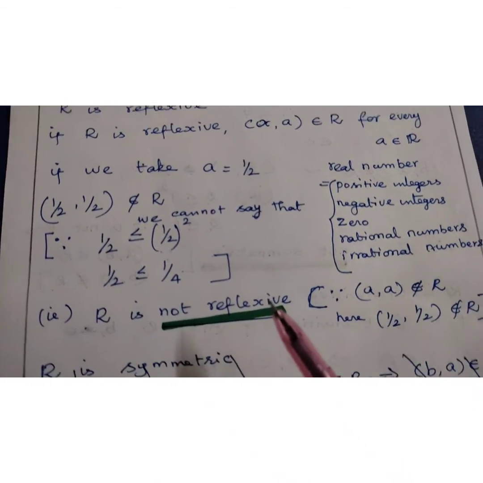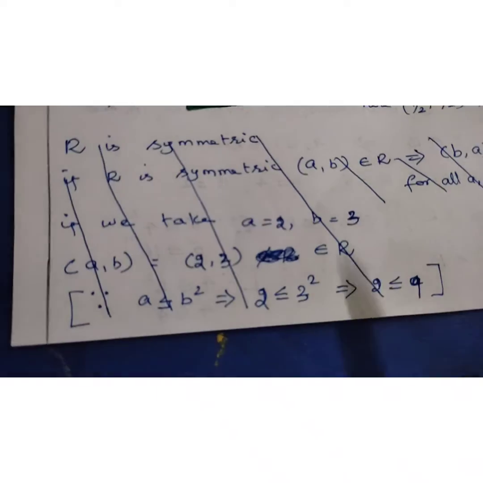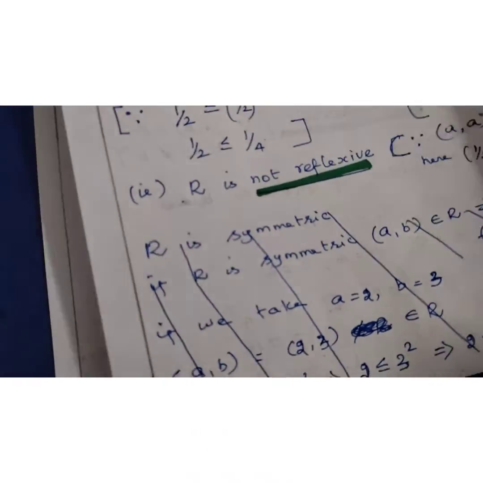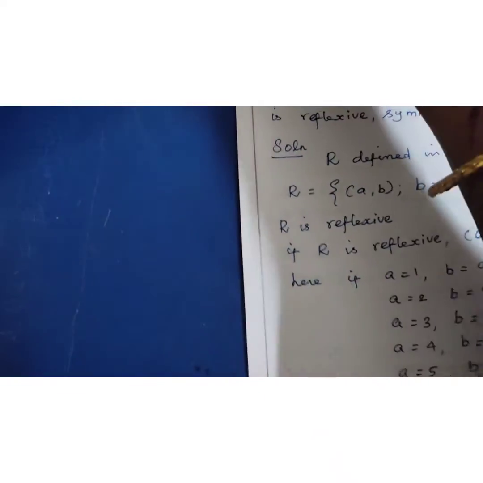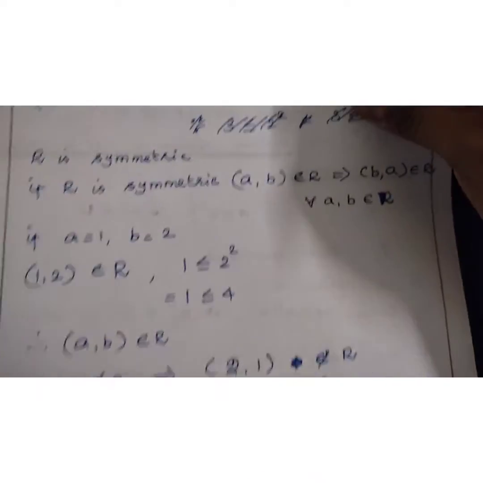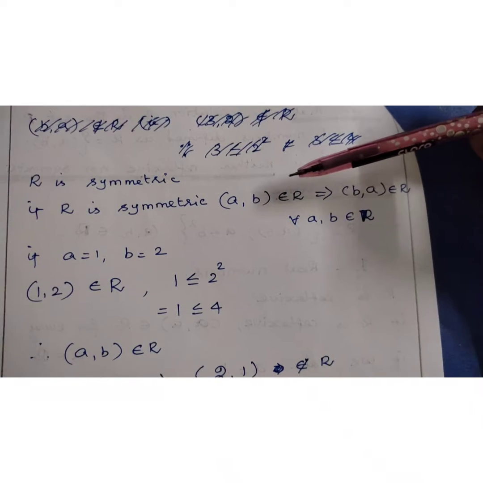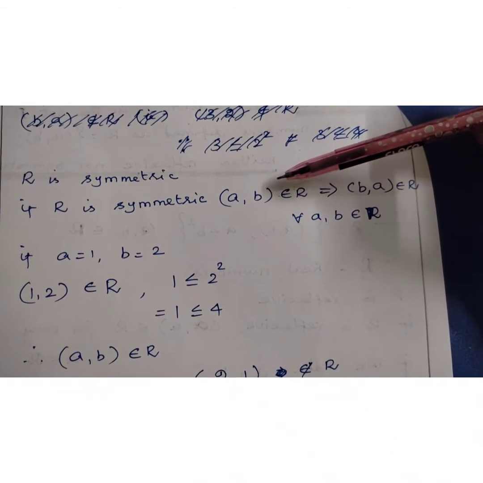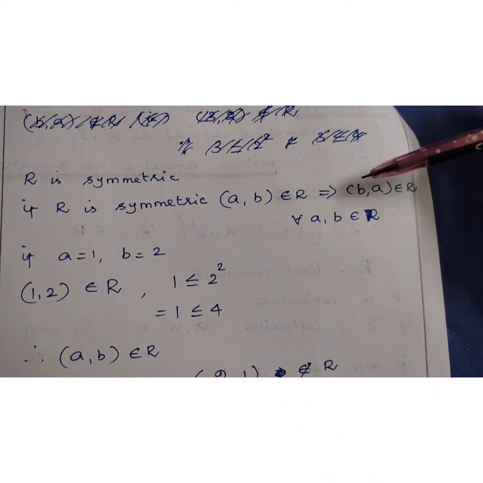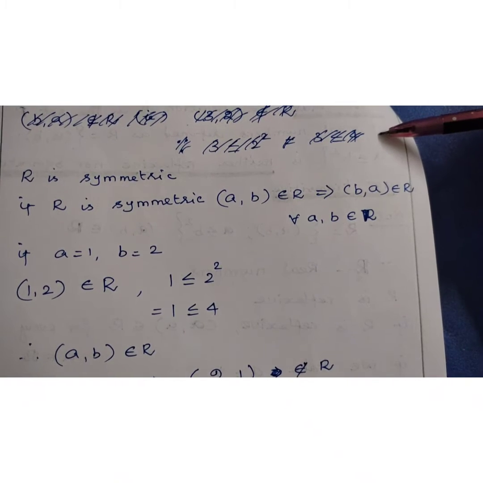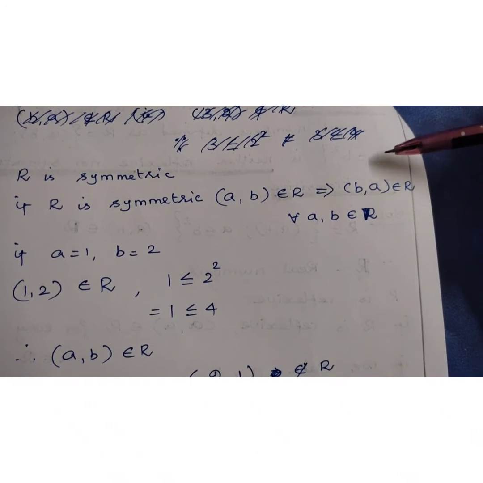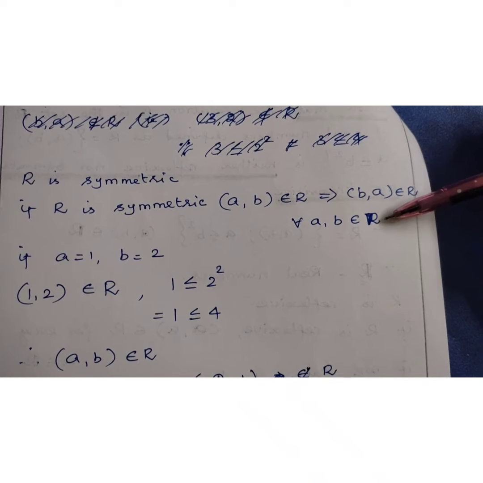Another one, second one, we have to prove that R is not symmetric. If R is symmetric, we have the condition like this: (a, b) belongs to R implies that (b, a) belongs to R for all a, b belongs to real numbers.